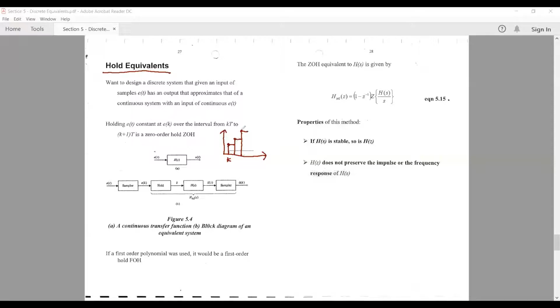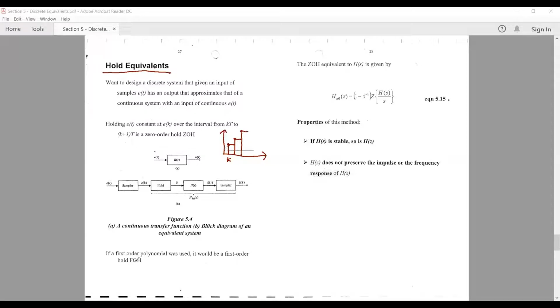The values are held at these k values, and finally after the sampler we get u of k. So the part from the hold, including the transfer function of the controller and the output sampler, is what we are trying to model in this case. Now, zero order hold holds the value constant.